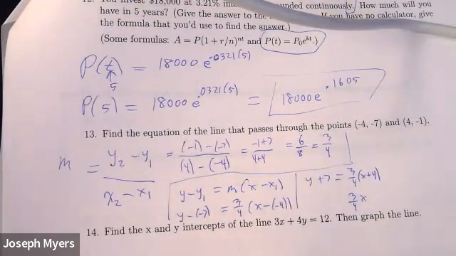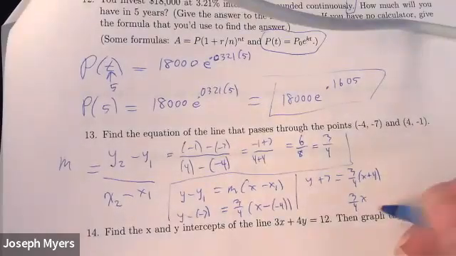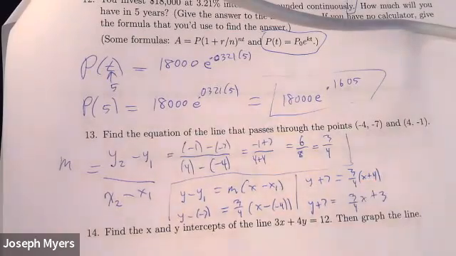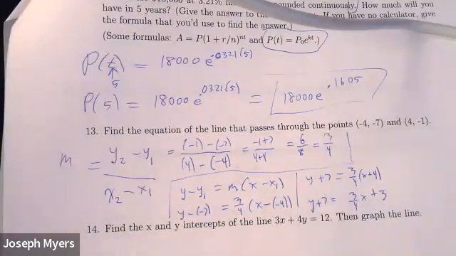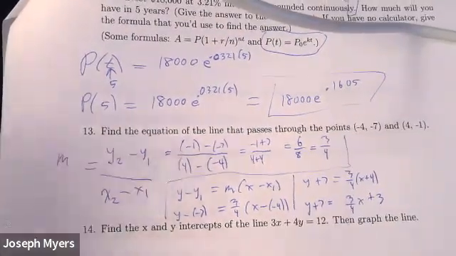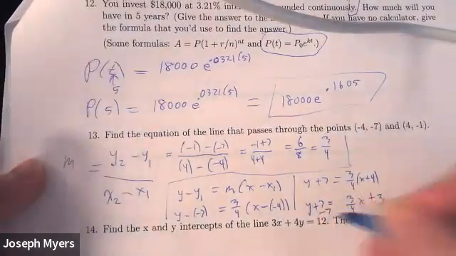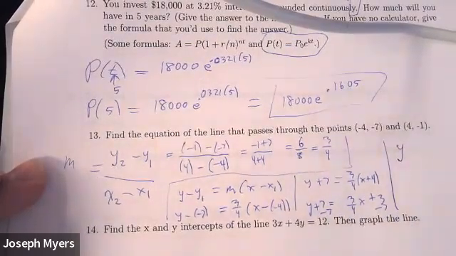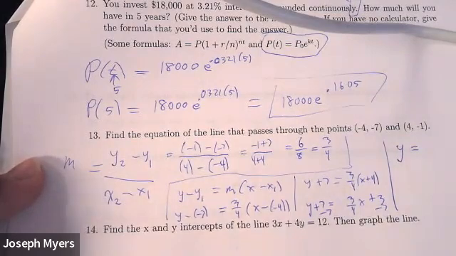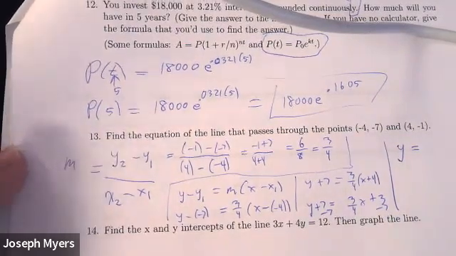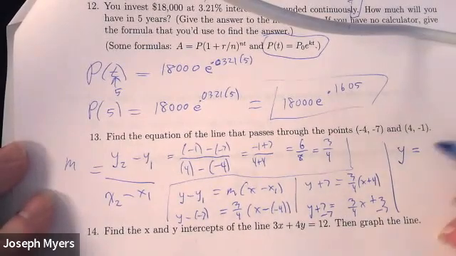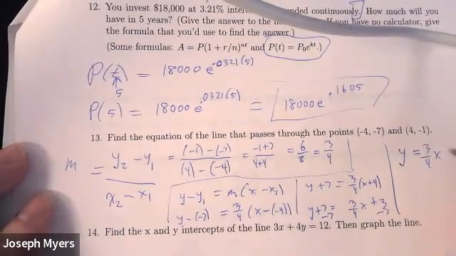And what is 12/4? 3, right? So you have y plus 7 equals 3/4 x plus 3. Now I'm going to subtract 7 to get the final answer. So -7 minus 7. And then you get y by itself, because the +7 minus 7 cancels out, equals, and then what is +3 take away 7? -4. And then the 3/4 x stays the same.